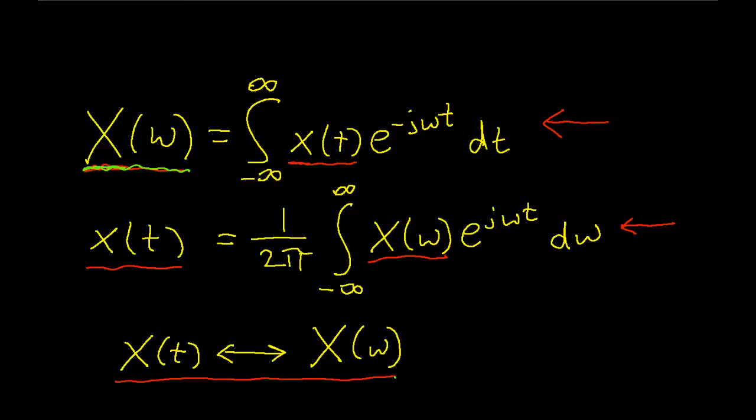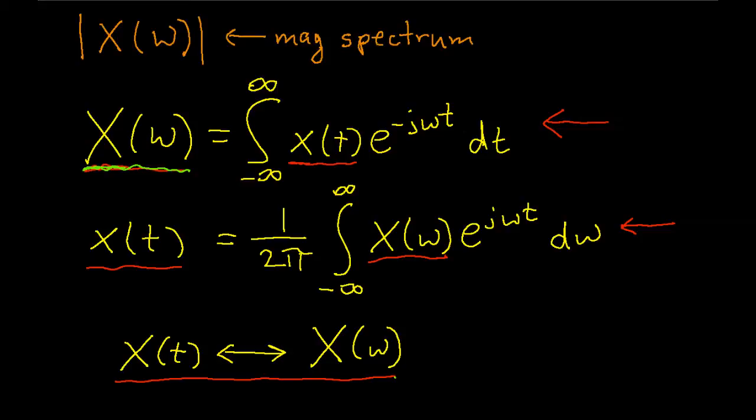So what we typically will do is define what's called the magnitude spectrum, and this is basically the magnitude of the complex value that x has. Again, the magnitude means that if I have a point in the complex plane, let's say this point right here, then the distance from the point to the origin is the magnitude.